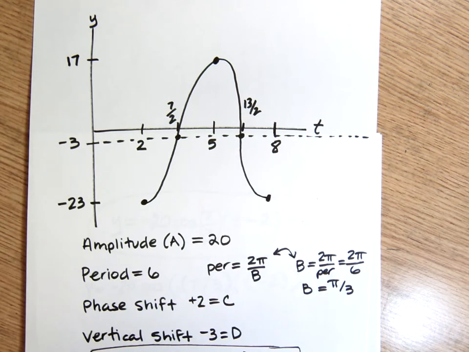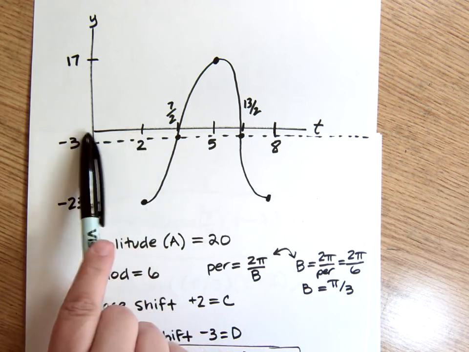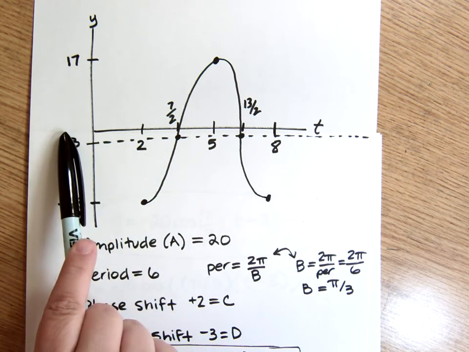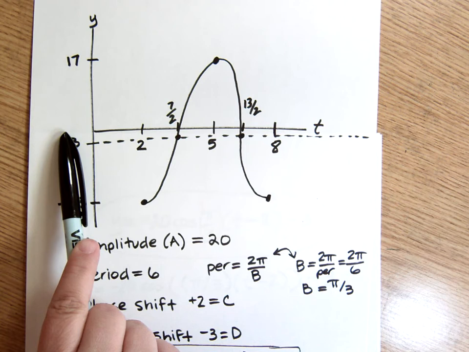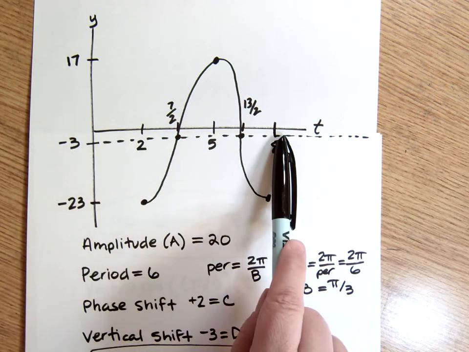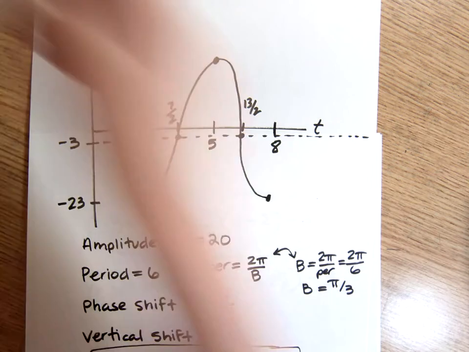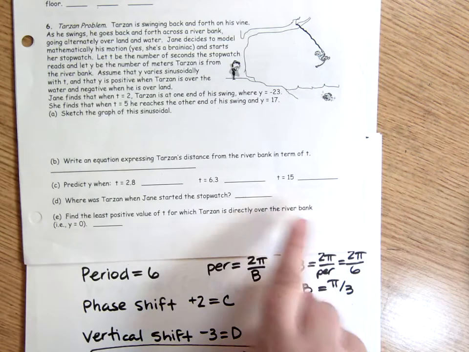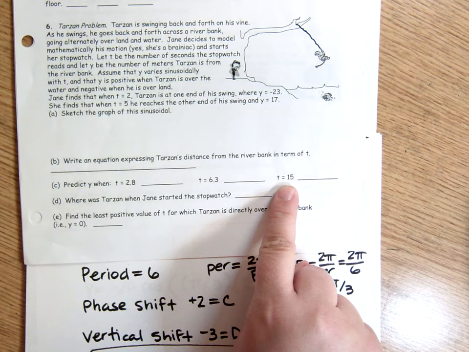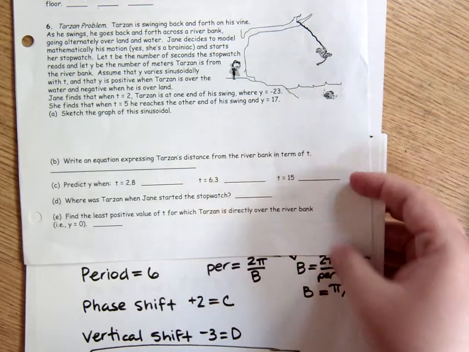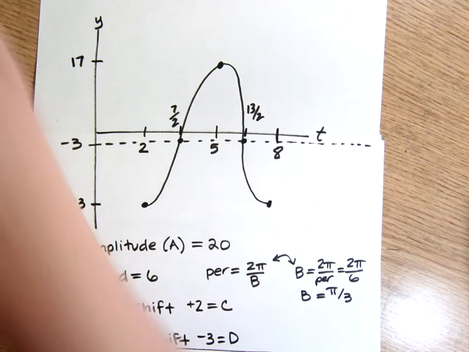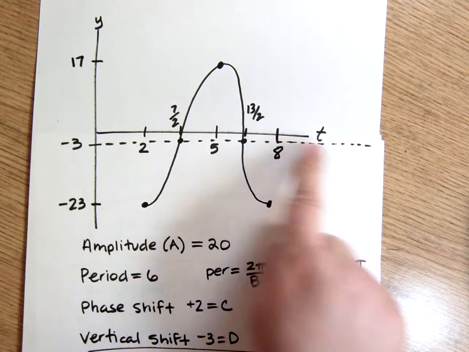So I want my x values to go from 0, or someplace just to the left of 0 maybe, so I can see the y-axis, to at least 8, but maybe a little bit further than that. Looking at my problems, right here it asks me about t equals 15. So I'm going to want to see at least to 15. So for x's, I'm going to do from maybe -2 to 20.